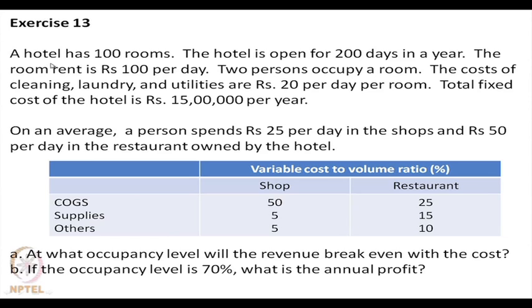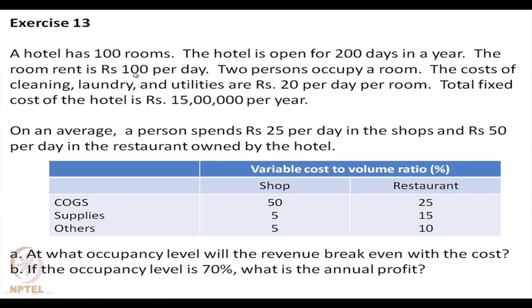Now, this first of all says that the hotel has 100 rooms open for 200 days, but the occupancy level can vary. The question is, what should be the percent occupancy level in a particular year, should it be 30%, 50%, 70%, such that the revenue that the hotel gets breaks even with the cost of providing the services.